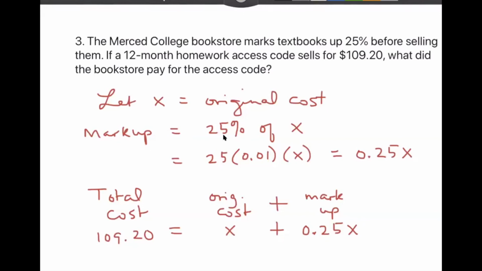Let me go on to a new screen here. So the equation we had written down was 109.20 equals X plus 0.25X. So for one thing, be careful how you combine those like terms. Remember to think of X as 1X.